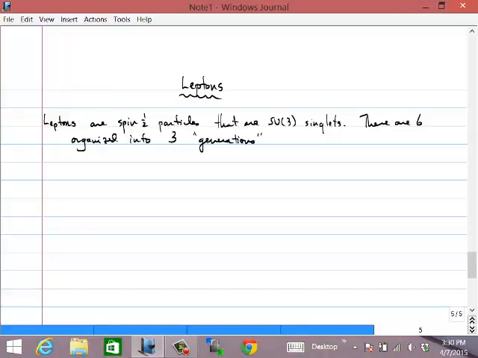So the lightest generation of leptons are the ones you're most familiar with, the electron and the electron neutrino. But there are also the 2 heavier generations, the mu and the muon neutrino, and the tau and its neutrino.